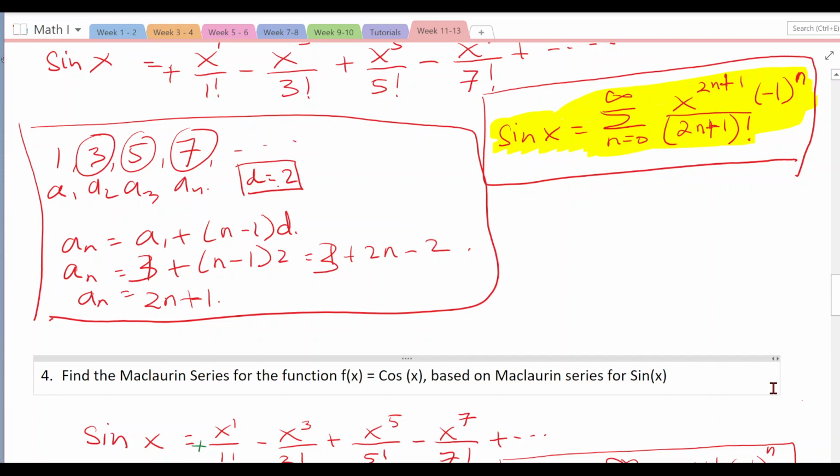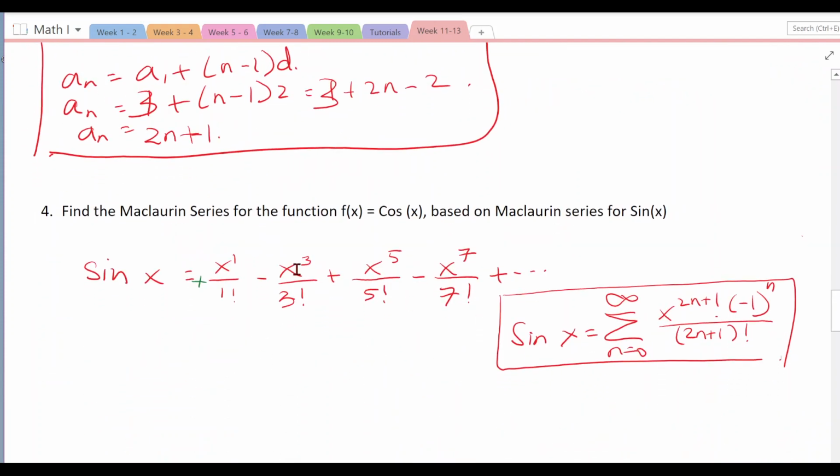This is the power series expression of sin x based on the Maclaurin series. Now, in order to find the Maclaurin series for cos x based on the Maclaurin series for sin x, which is that one, one way at least is to take the derivative.